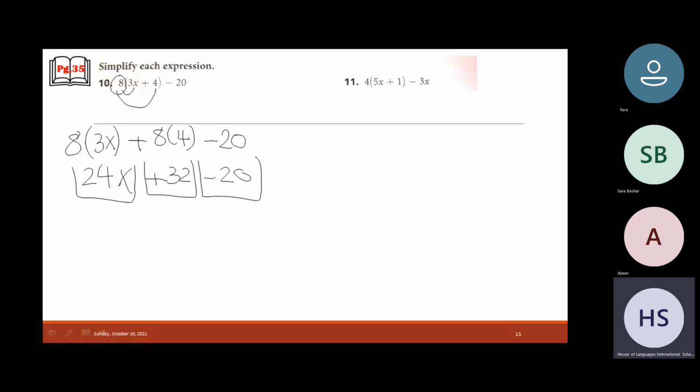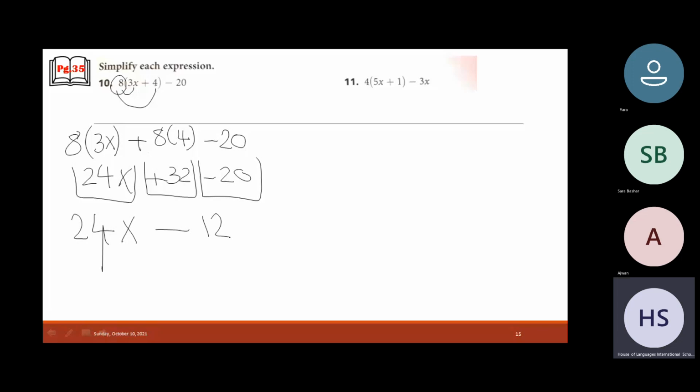Do I have a like term here? No. So keep it as 24x. 32 minus 20. They are constants. Can I combine them? Yes. 32 minus 20, 12. So this is 24x plus 12.